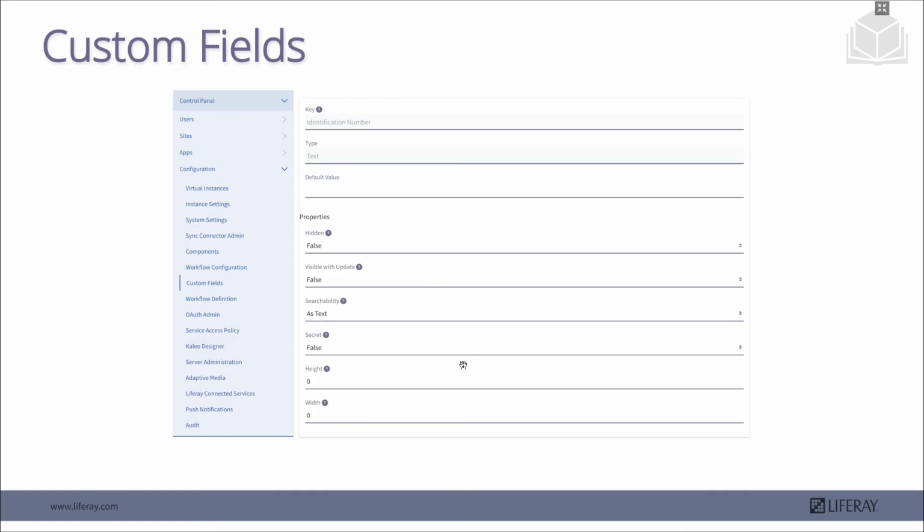Now, when we create a custom field in Liferay, we head over to the control panel. Under the configuration section, there is another section called custom field, and then we can create our custom field and modify a bunch of different properties and attributes of that custom field as well.